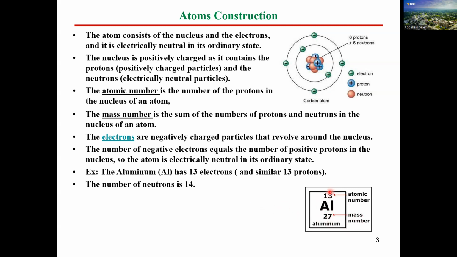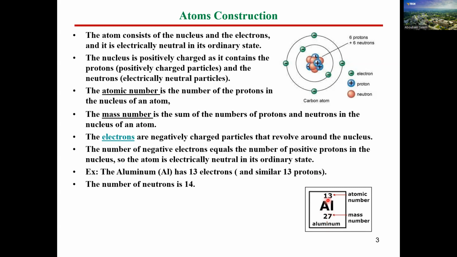So from this symbol, from this element, aluminum, we can say that aluminum has 13 protons and 13 electrons, and the number of neutrons inside the nucleus equals the difference between the mass number and the atomic number.